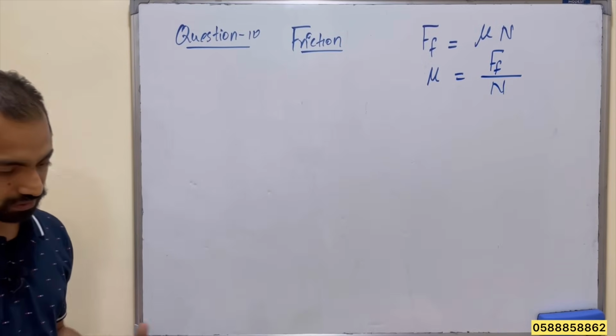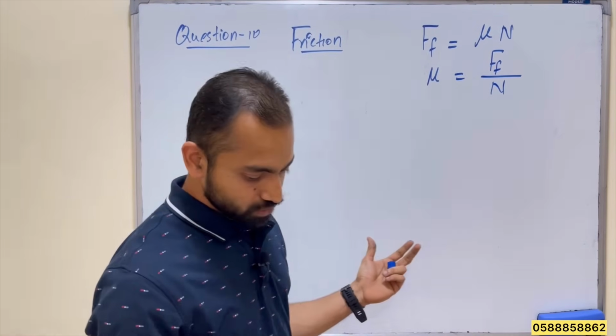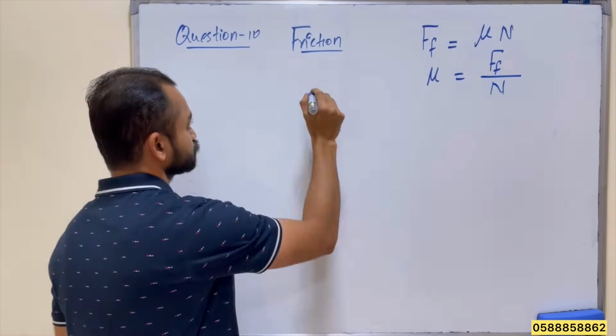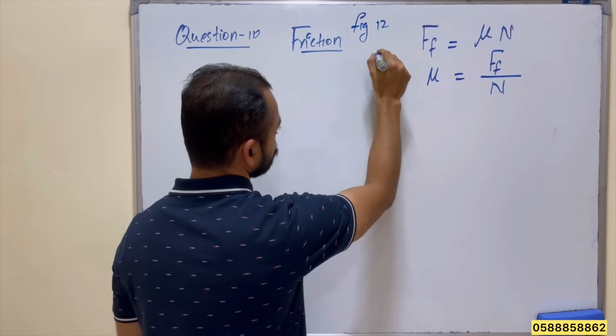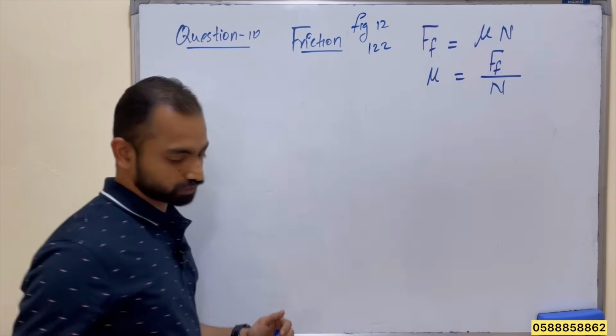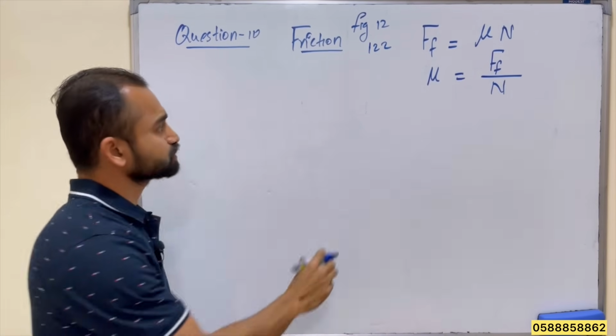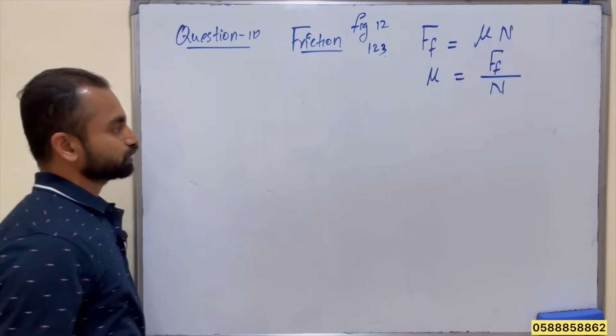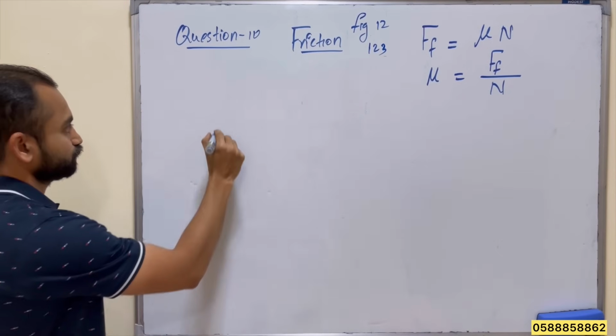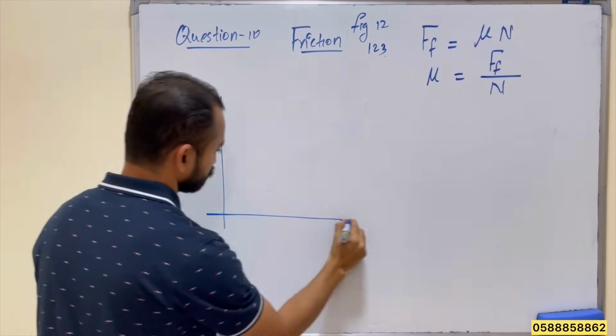Correct? Yes. Perfect. So figure 12, we have to discuss figure 12. Figure number 12 from page number 122 of your textbook. Sorry, it is 123. Next page. Okay. 123. So here we have a figure. In that figure there is a graph.